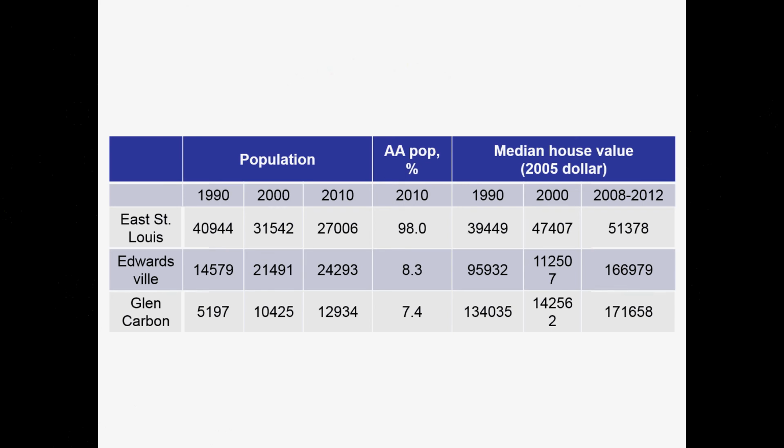East St. Louis is losing population, and Edwardsville and the Glen Carbon area is gaining population. Also, the percentage of African American population is very high in East St. Louis, but very low in Edwardsville and Glen Carbon. You can also see a very clear contrast in terms of median housing value in the two communities, East St. Louis versus Edwardsville and Glen Carbon.